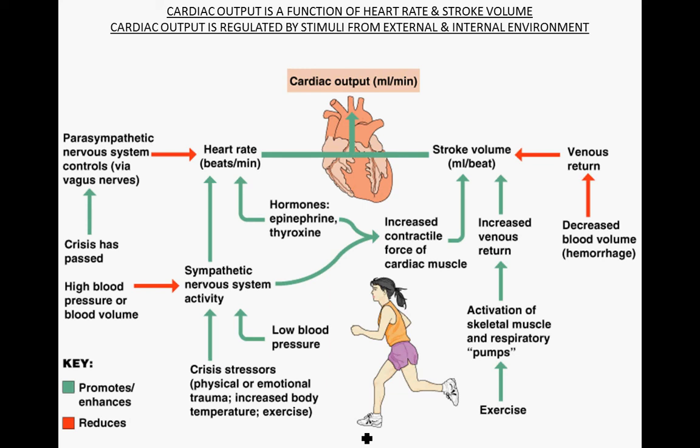So cardiac output is defined as the volume of blood that's leaving the heart per minute. So the volume is in milliliters here, and then of course time is in minutes. So this is how much blood is going into the aorta here and into the pulmonary arteries, or the pulmonary trunk located right there.